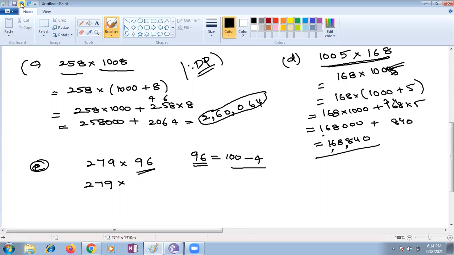You are asking the question that 96 can be written as 90 plus 6 also, but we are not going to take that. Why? Because if you want to multiply once again with 9, once again with 6, it takes your calculation more and more. So I won't take this. I will take only this to make my calculation simple.